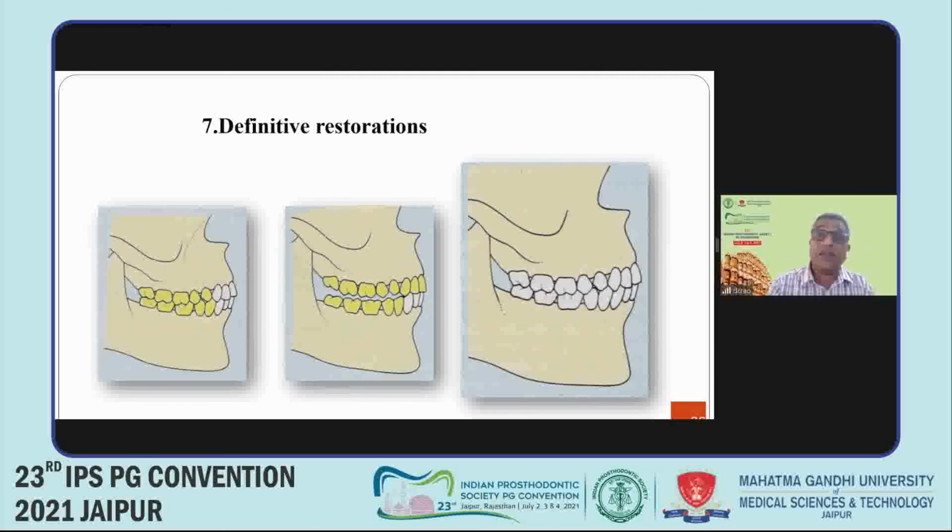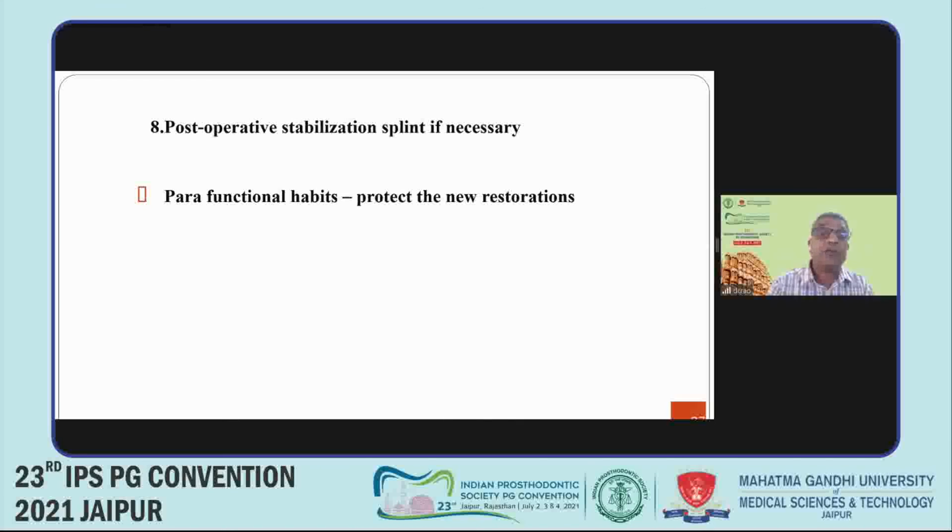Then in this process also, as I've already told you, the crux of the protective understanding is the direction of the forces all along the long axis, protecting the integrity of the system. Supposing you are finding any parafunctional habits after doing the full mouth rehabilitation, habits die last, okay, they never die.